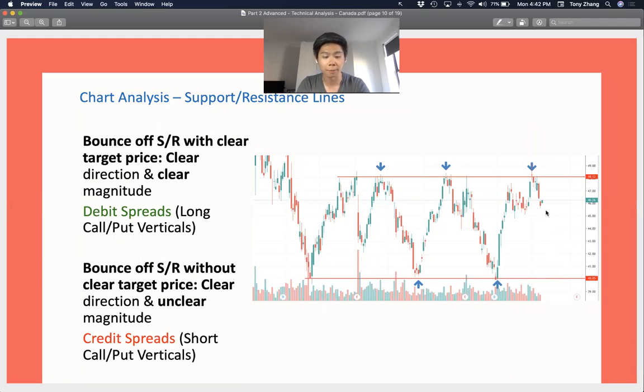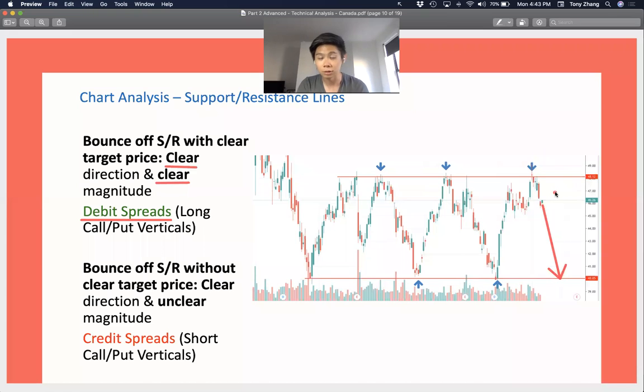So if you believe that this stock is now headed down to 40, that is a clear directional view with a clear sense for magnitude. What we discussed before is that when you have a clear direction and a clear magnitude, you generally want to buy a debit spread. So what I would do is maybe buy a $47 put and maybe sell a $40 put against that.